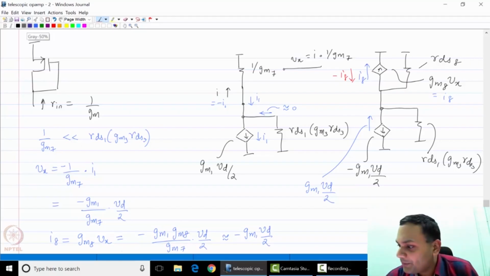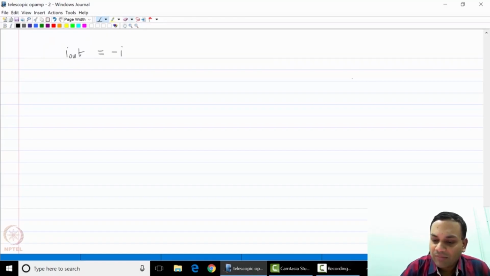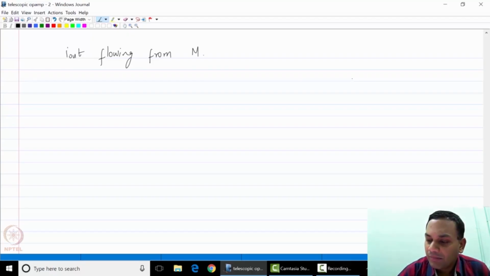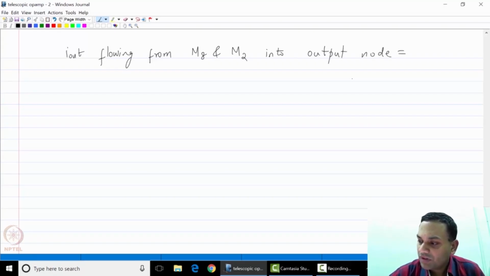So the total output current, let's call that Iout, from M8 and M2 into the output node, is equal to gm1 times Vd.